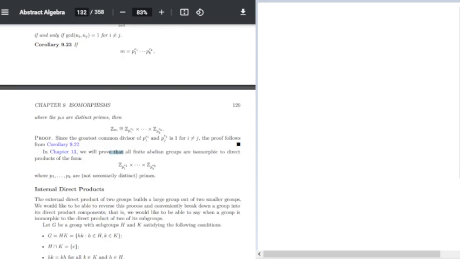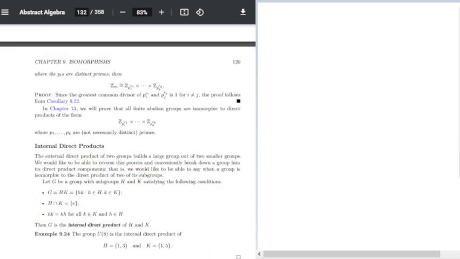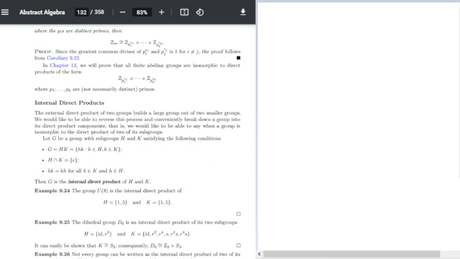Okay, so finite abelian groups are isomorphic to direct products of this form. So am I supposed to just assume this result, or are we going to prove it? I'm confused. Let's prove it. Yeah, okay. Because they put it at the end in the exercises, we are supposed to assume this.